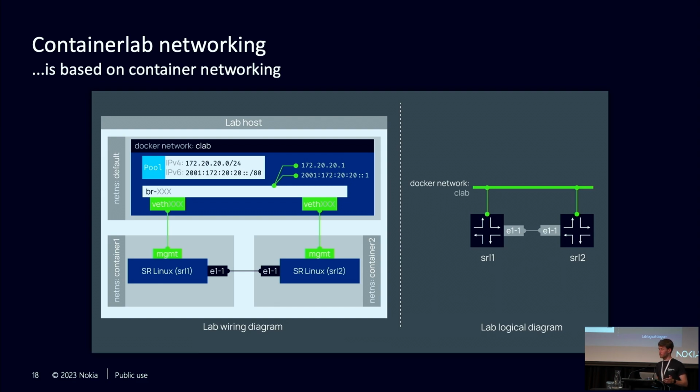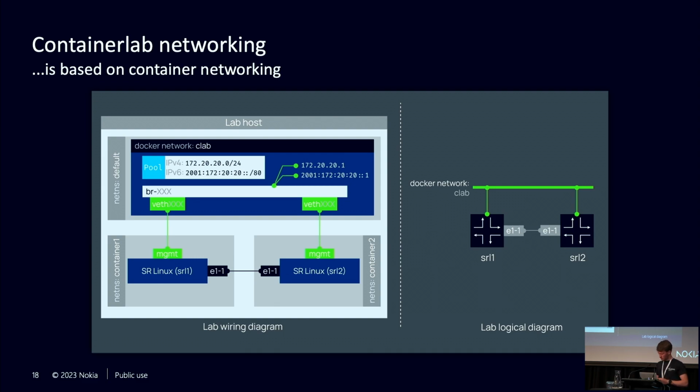Let's say, for example, you want to deploy a telemetry stack. Well, you will typically use the management interface to access those nodes. So those management interfaces are really useful and relevant in this case. And they are directly connected to the Docker network that you can see in the default namespace.